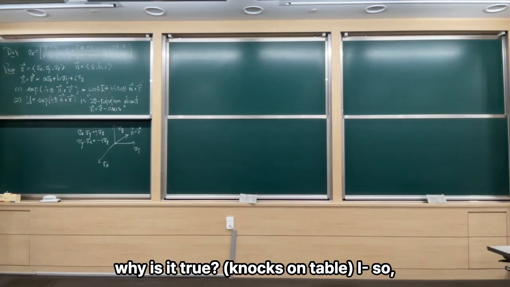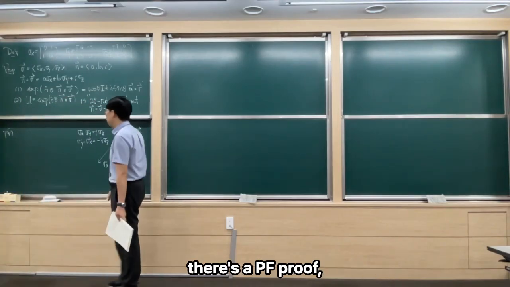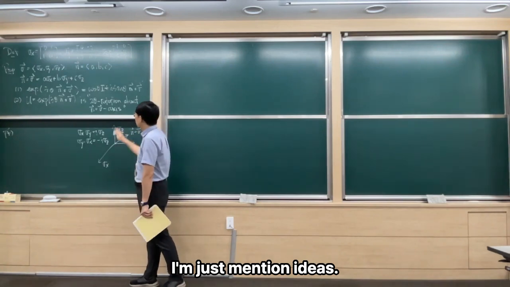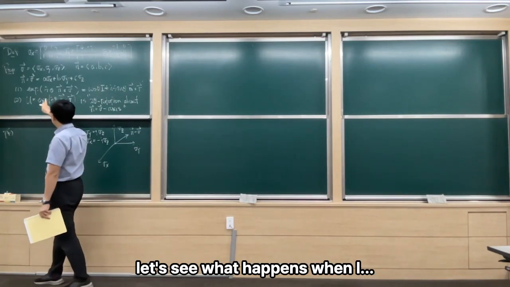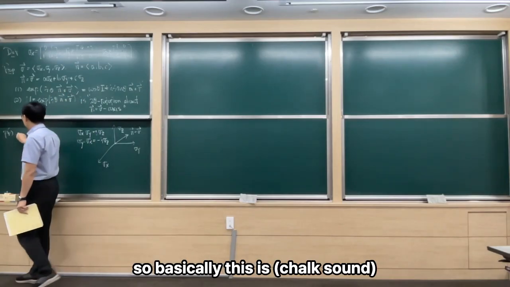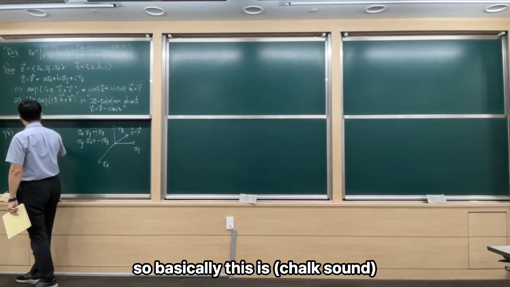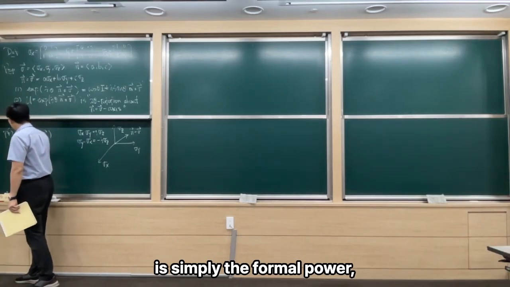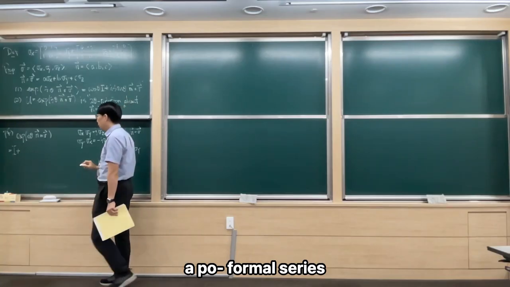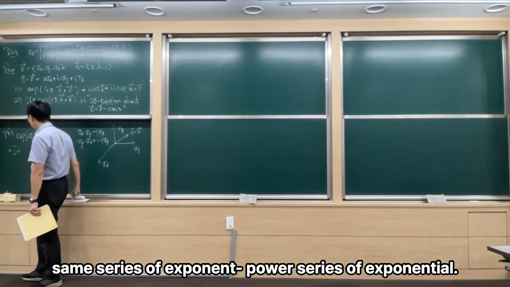So why is it true? Although I'm going to call it a proof, it's not really a rigorous proof. I'm just mentioning ideas. First of all, let's understand what this means. Basically, this is simply the formal series which follows the exact same power series of the exponential.